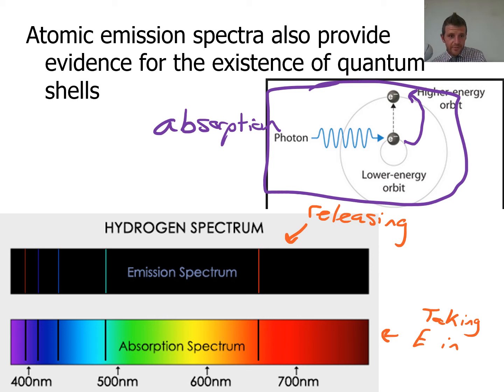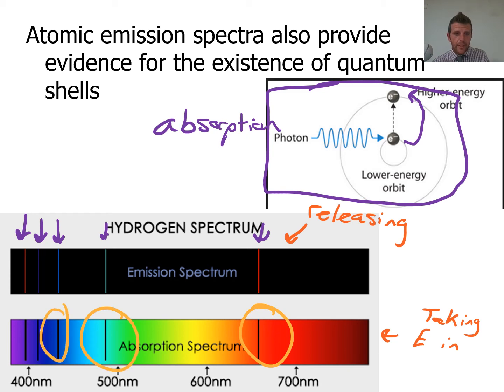No, it's very specific amounts of energy, and that's indicated by these definite lines that are appearing here, or the absence of those lines down here. Specific amounts of energy, so energy specific, which then indicates the energy levels.